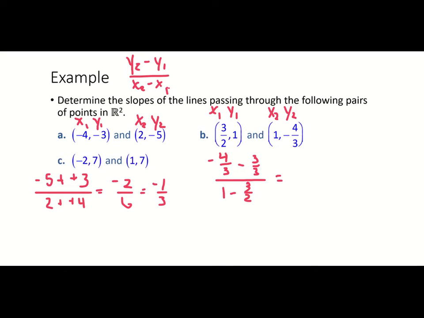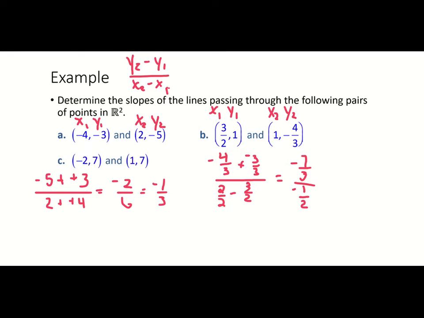And my other one, I need a denominator of 2, so I'm going to make that 2 halves. All right, negative, minus, so keep, plus, change. It's going to give me negative 7/3 over, and then 2 over 2 minus 3 over 2. 2 minus 3 will give me a negative 1/2.